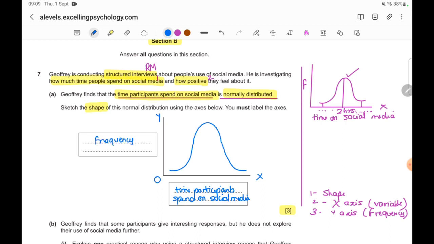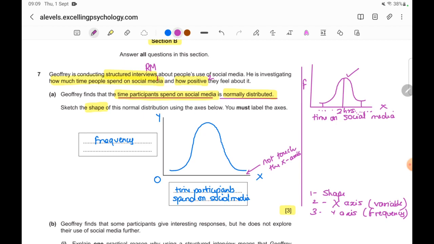Nothing much more to discuss about this answer except for a couple of things. What you need to make sure is firstly your ends of the normal distribution must not touch the x-axis. Normal distribution never touches the x-axis because there's always a probability of finding somebody in the population who's spending much more or much less time than we have estimated.